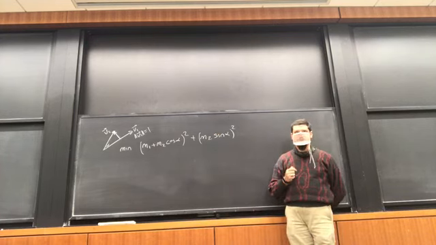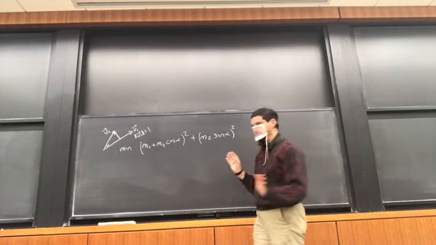So how would we minimize this? Let's assume M1 and M2 can be real.